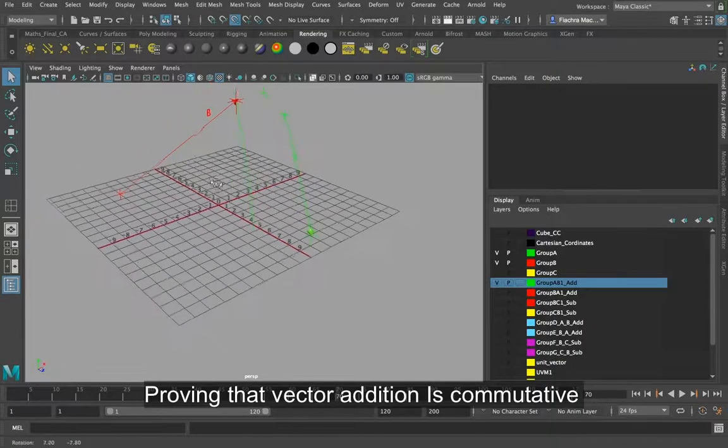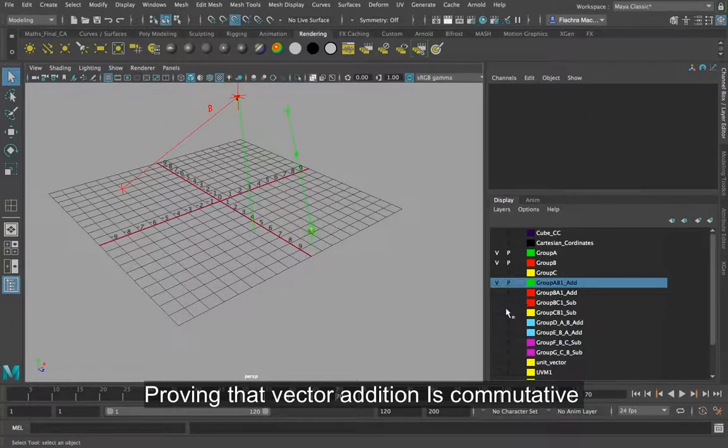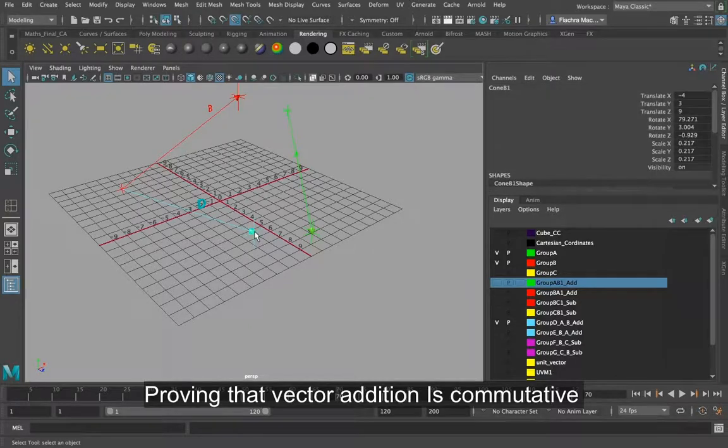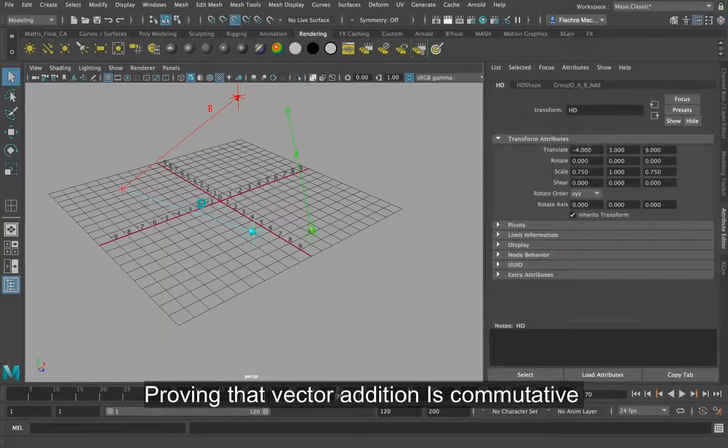From that point, we can then create a new vector, which we will call D, and we can then get rid of A, and that's essentially what we get with D. So the point of that is -4, 3 in the y-axis, and 9 in the z-axis.